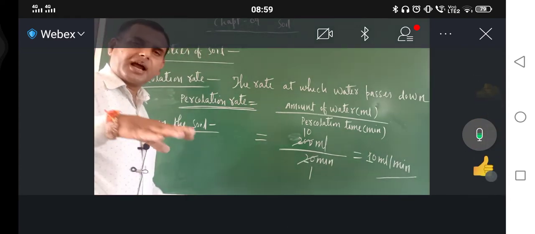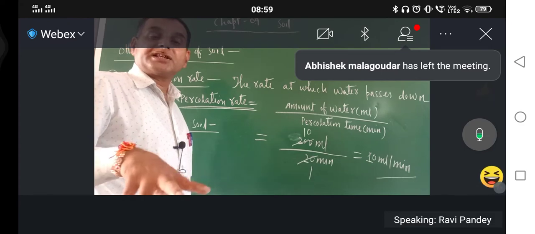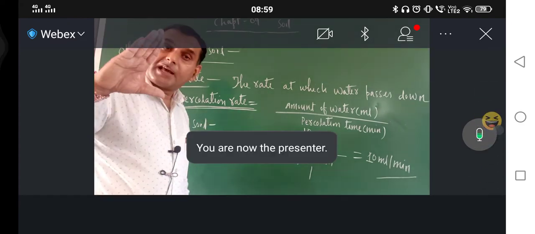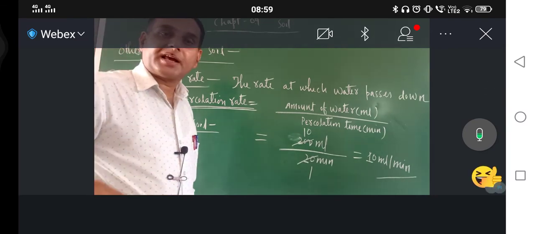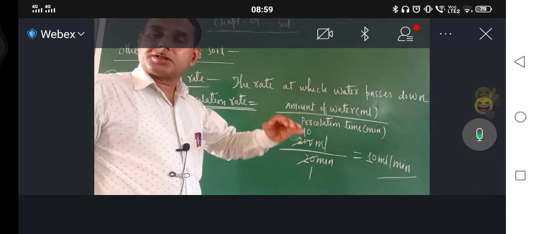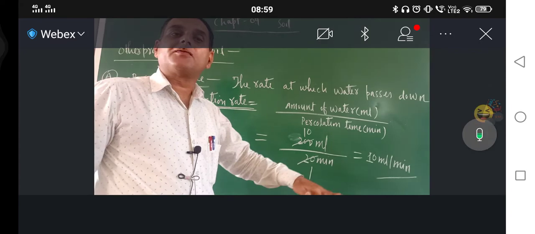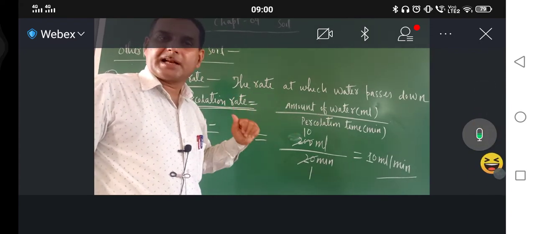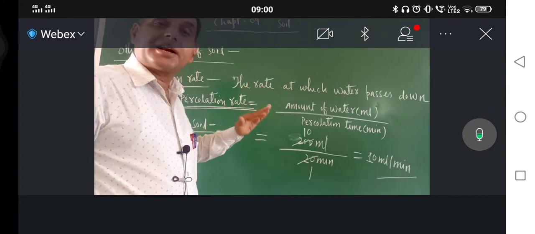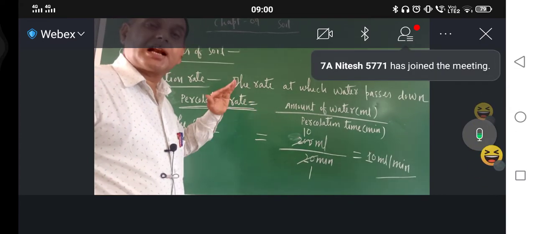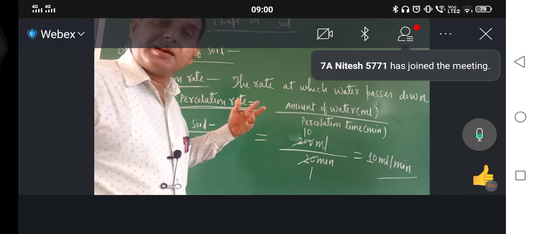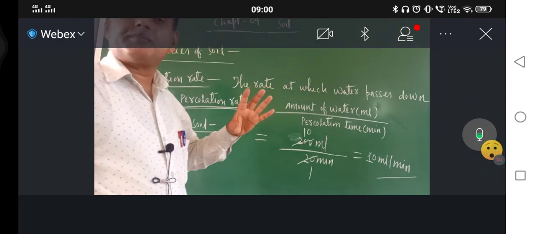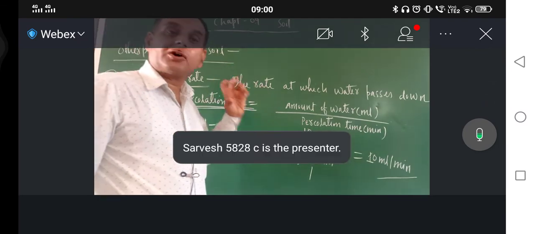The percolation rate is inversely proportional to packing fraction. If packing is close, water will not pass down fast. Packing is very close in clay soil, so the percolation rate will be slowest in clay soil and fastest in sandy soil, because in sandy soil the particles are big and packing is not very close.